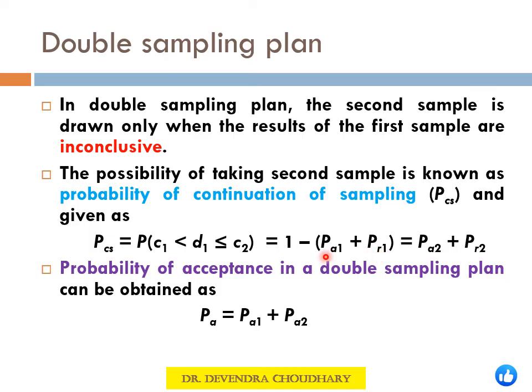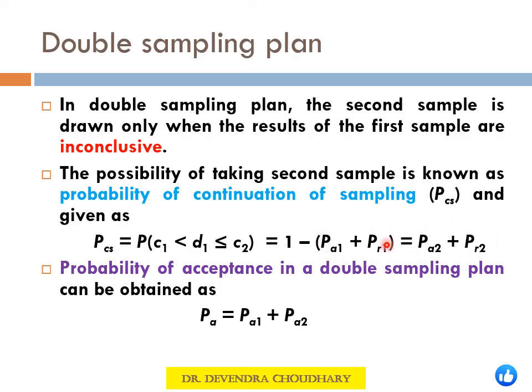So 1 minus the sum of these two probabilities gives us the probability of continuation of sampling, and you know that there are four possibilities: PA1, PA2, PR1 and PR2, and all these are mutually exclusive events, and the sum of all these would be equal to 1.